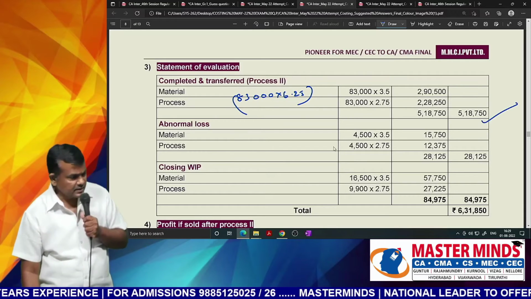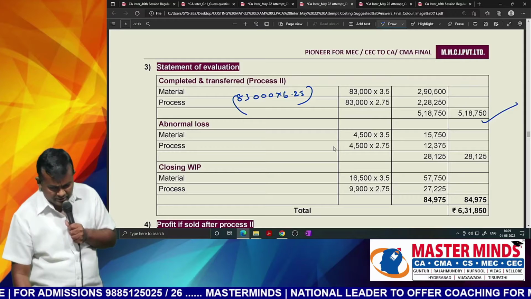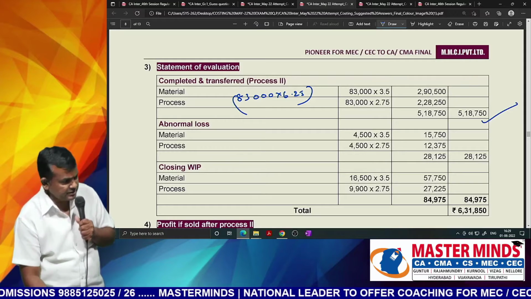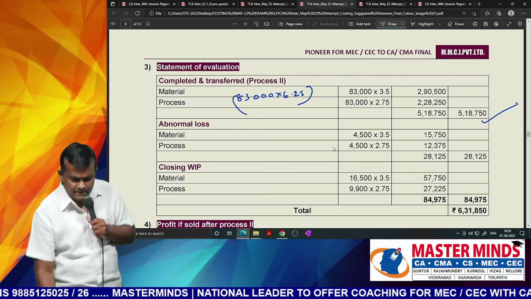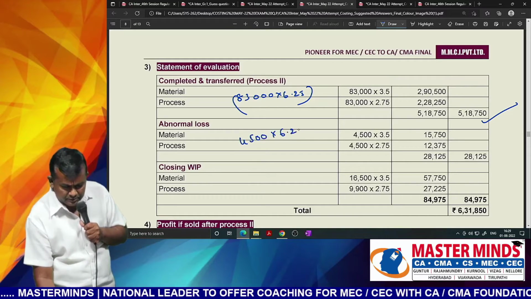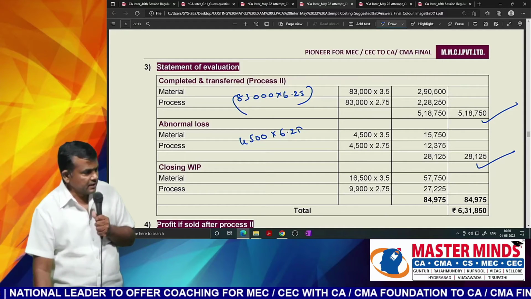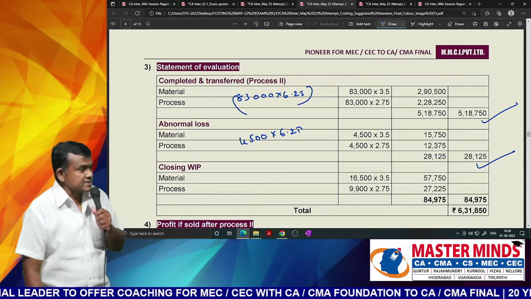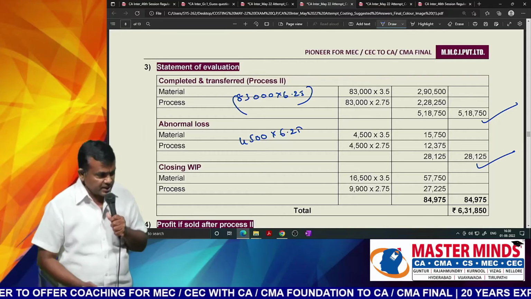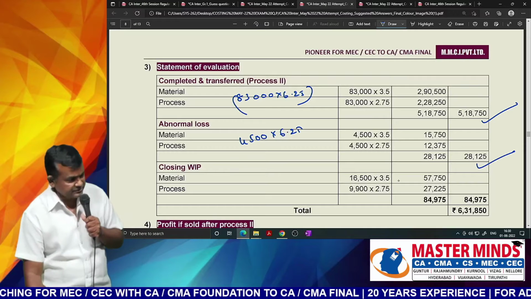5,18,000. Correct. Next, cost of abnormal loss: 4,500 into 6.25, in all sections 100% completed. Correct. Next, closing work in progress. Work completion is non-uniform, so please show it segment wise. Material segment 16,500 into 3.5.